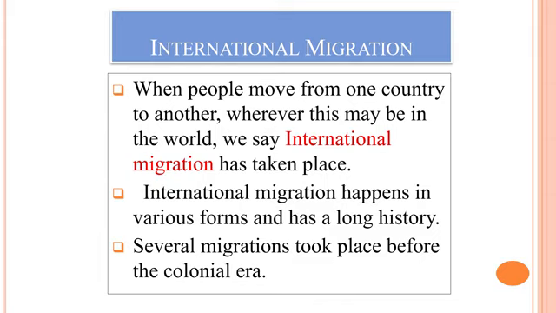International migration is the movement from one country to another, wherever this may be in the world. We call it international migration. International migration happens in various forms and has a long history.